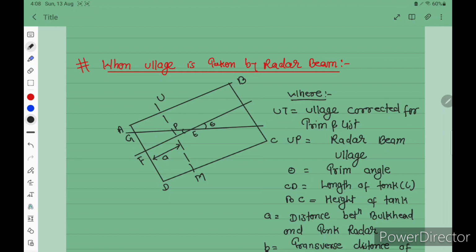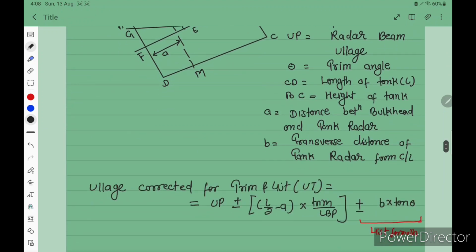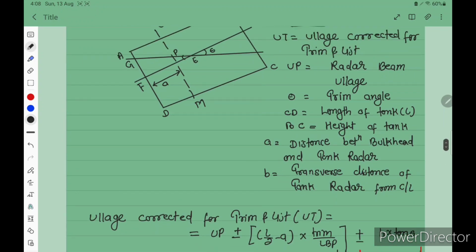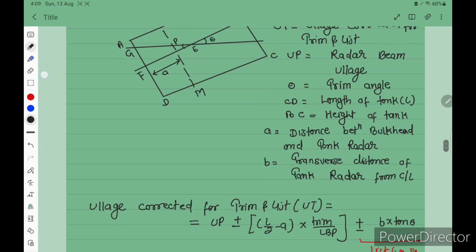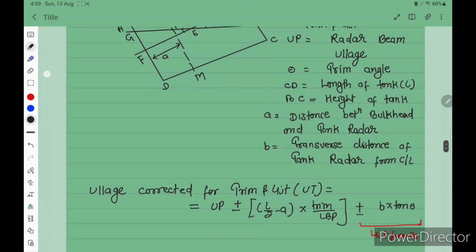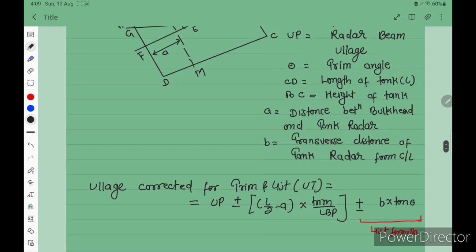So now if the question says your ullage was given by the tank radar beam, then the formula will change a little, okay. The formula is UP plus or minus L by 2 minus A into trim by LBP plus or minus B into tan theta. To remember it, you can say UP, like Uttar Pradesh. So the only change is UP, okay.